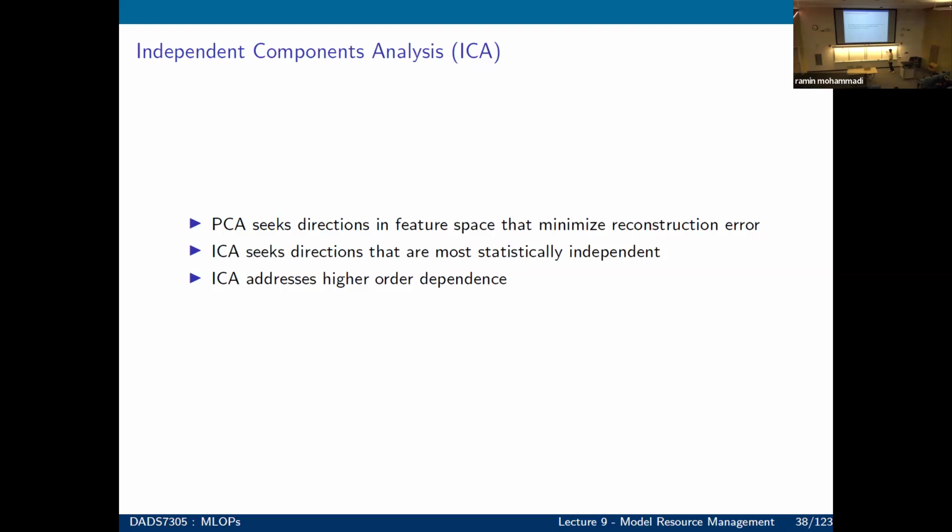So if you have A and you have B, and you have C here. In PCA, you will say A and C are not correlated to each other. There's no relationship between them. In ICA, it says that A depends on C, given B as a connection. So that's a higher order dependency.